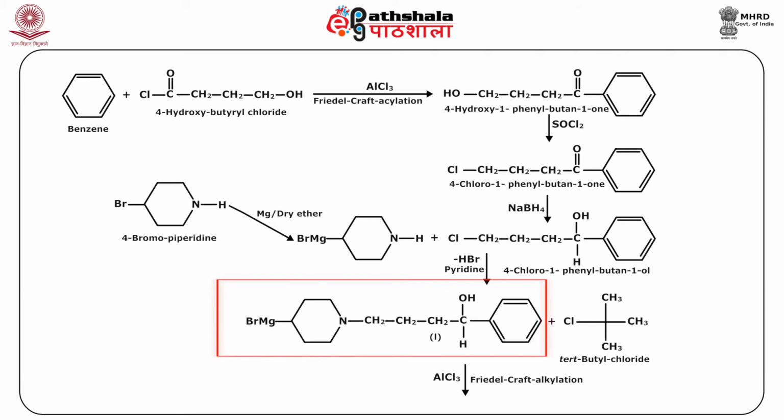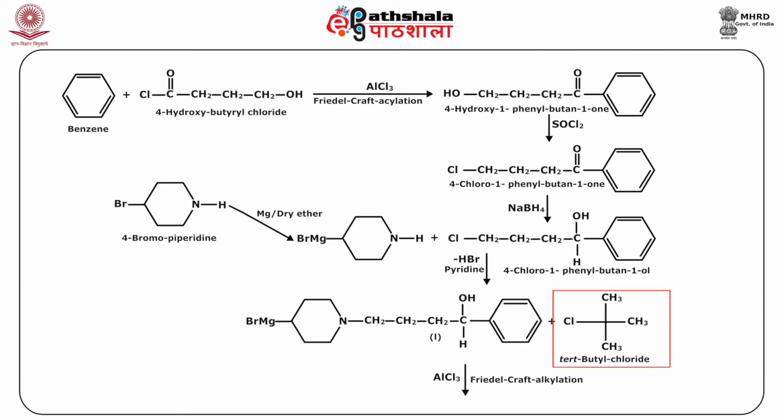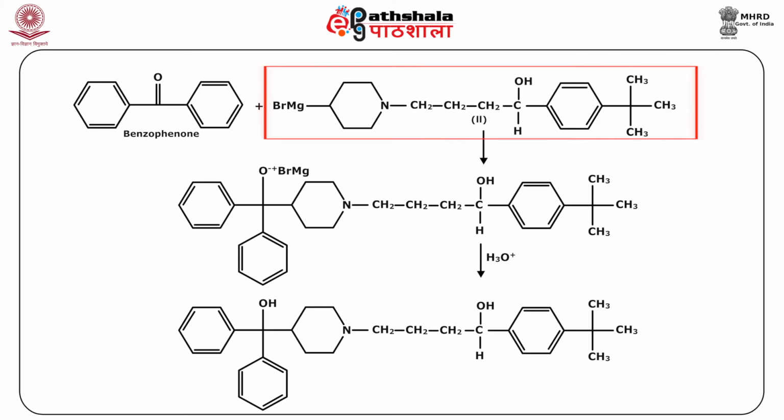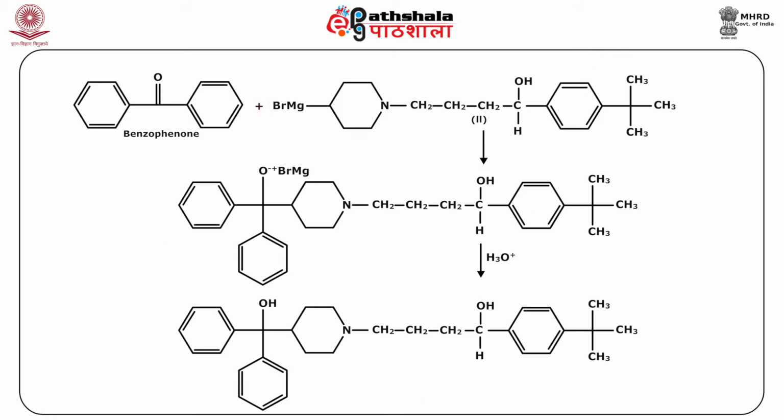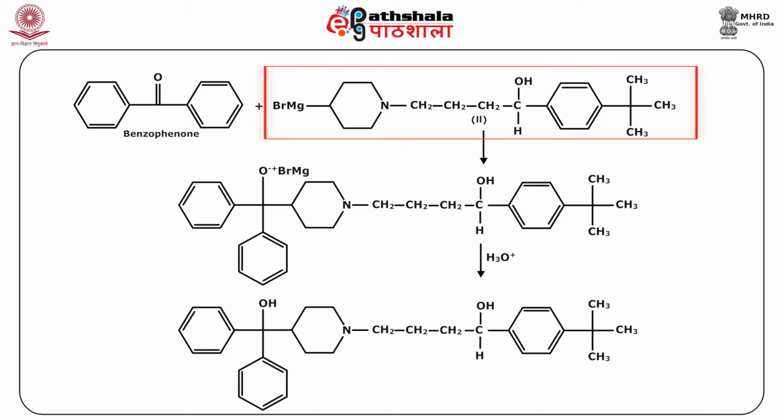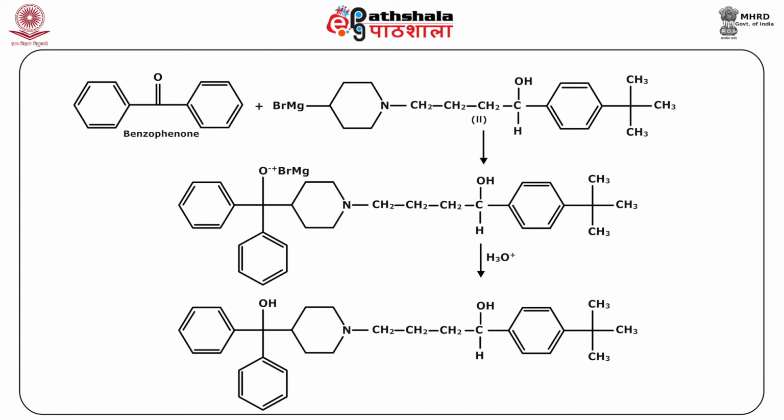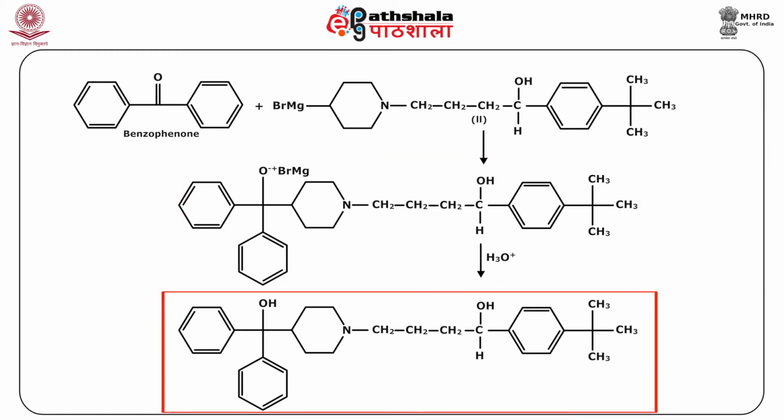The reaction of structure 1 with tertiary butyl bromide in the presence of aluminum chloride as a catalyst, as in the Friedel-Crafts reaction, forms compound 2. Now, the reaction between 2 and benzophenone forms 3. Compound 3 so formed on hydrolysis forms terfenadine.